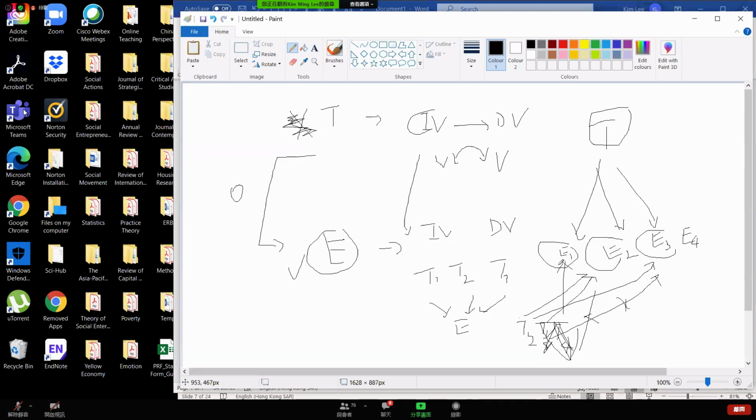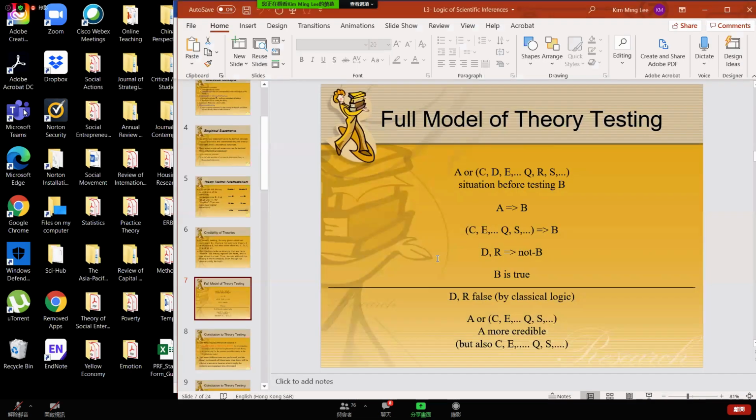If we test the theory a lot, at different times, and each time gives us the true value, that means all the empirical statements we test are true. It helps us to make our theory more and more credible by eliminating alternative explanations, by eliminating alternative theories that are competing with our theory. Okay? So this is the whole logic of theory testing or hypothesis testing.